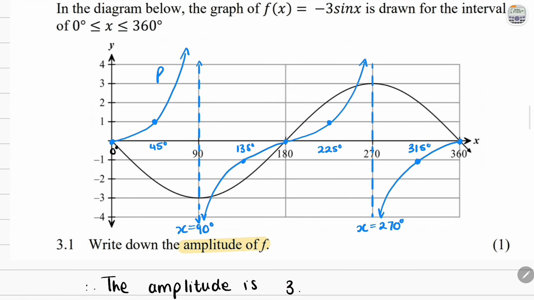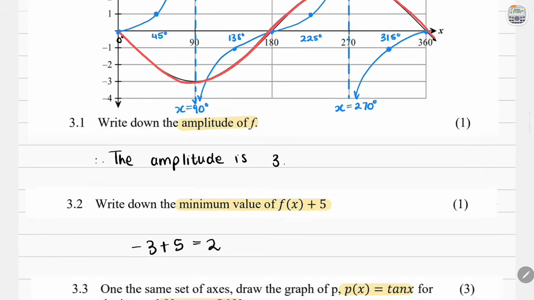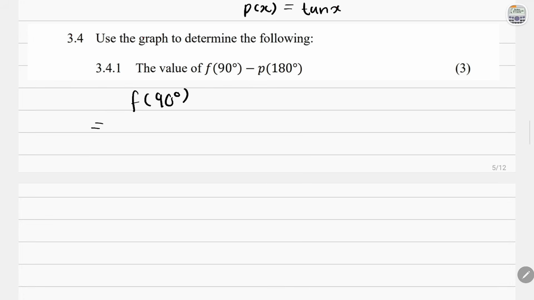So the graph of f is this sine graph that we have. Okay, so we can just highlight it in red. And you see that for the sine graph, where we have the x value of 90 degrees, its y value is negative 3. So we know from the graph that f of 90 degrees is negative 3, and they were saying minus p of 180 degrees.